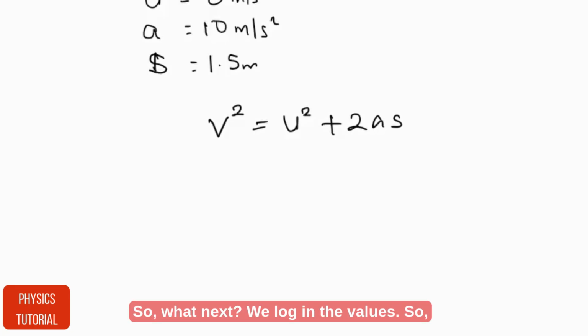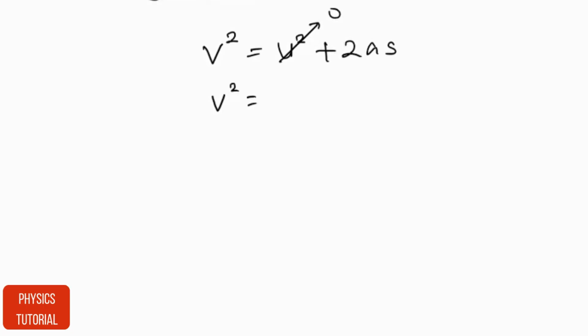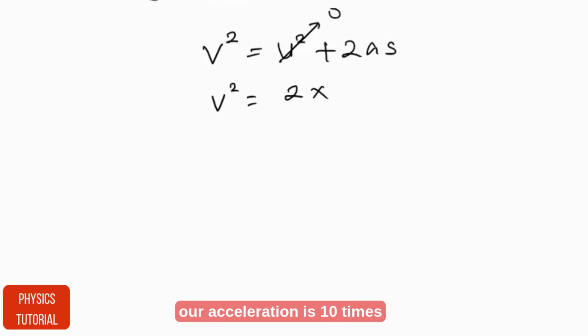So what next? We log in the values. So we have v squared equal to u squared, which is 0, so it's out. So we have 2 times our acceleration, 10, times our displacement, 1.5.